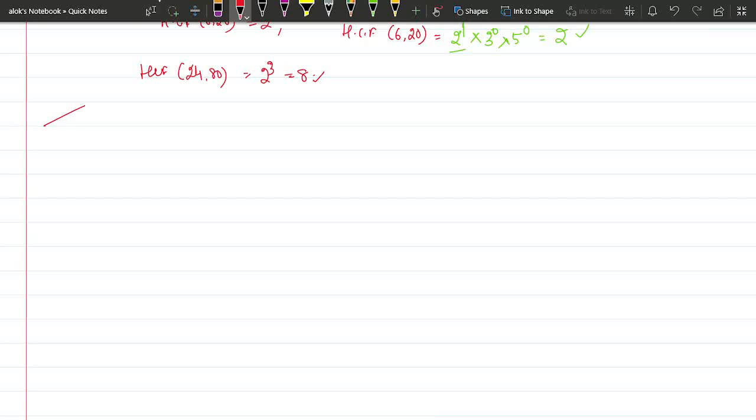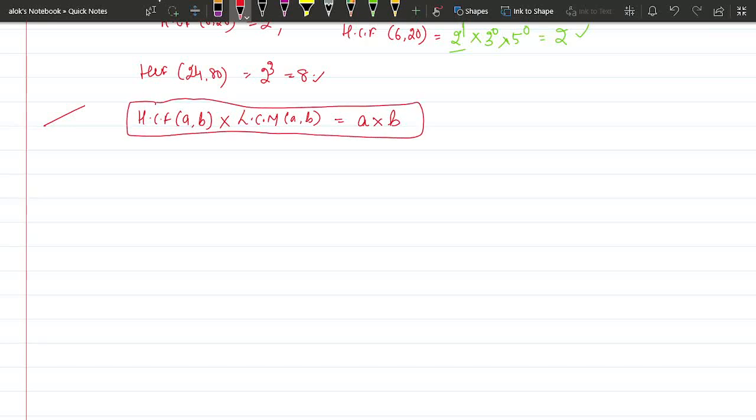When you multiply HCF of A and B with LCM of the numbers A and B, we will get the same value as when you multiply both numbers together, A and B. This formula is a very important aspect of your exam. Okay, a short question always comes from this.